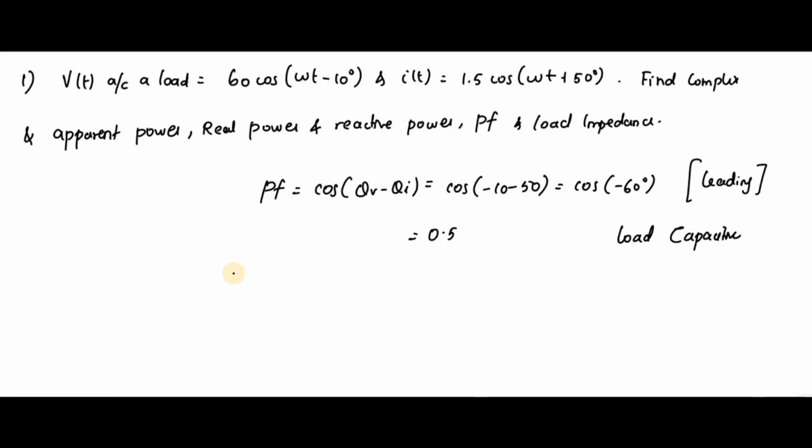Next we need to find the value of Z. Z is equal to 60 by root 2 divided by 1.5 by root 2, at the angle of minus 60 degree. So this is 40 at minus 60 degree.